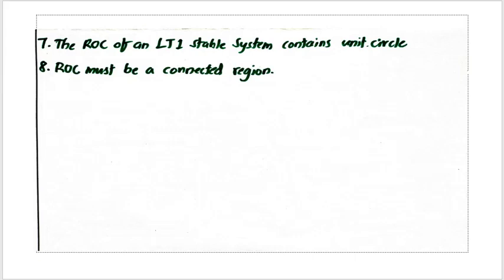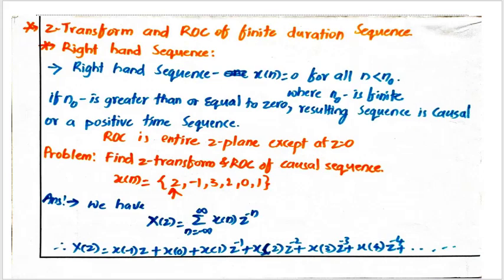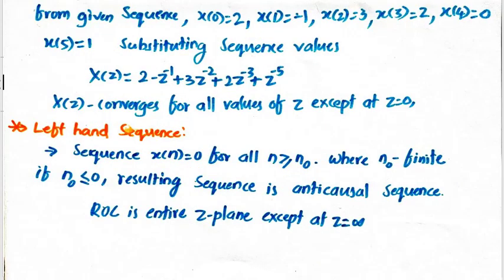Apart from that, we started with the right hand sequence and left hand sequence. A right hand sequence, a discrete time signal, exists for only the positive values of time, or a positive time sequence. Relatively, a left hand sequence exists for only the negative values of n.